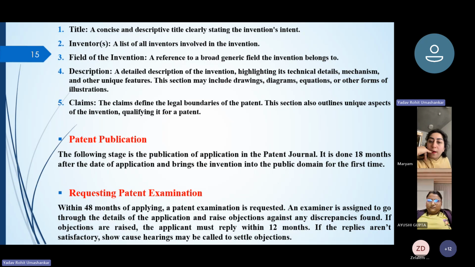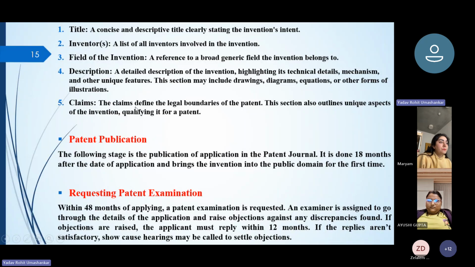Intent means what your invention will be doing, or what is the purpose of the invention, and a list of inventors involved in the invention, a reference to a broad field of the invention, in which field the object is being invented, and description. A detailed description should be there of the invention, highlighting its technical details, mechanism, if it works on some mechanical principle, how it is working, and some other unique features if you added to that. This may include drawings, diagrams, equations, or other forms of illustration.